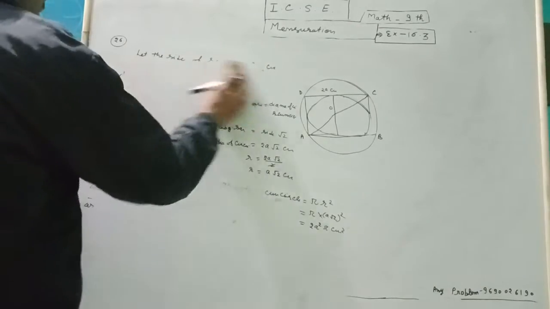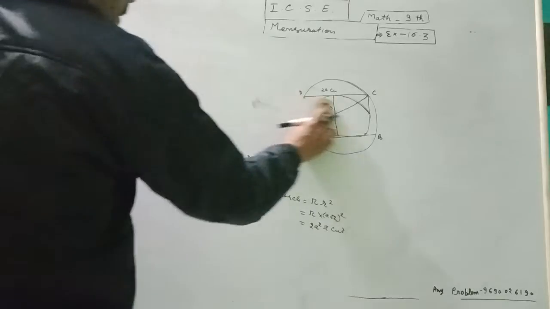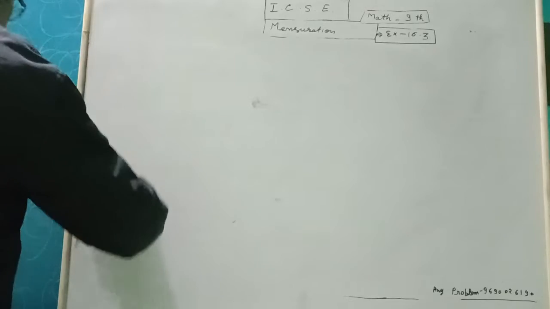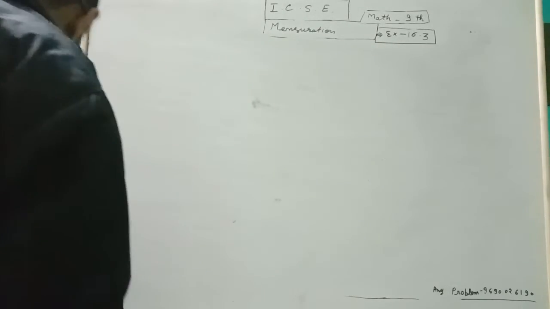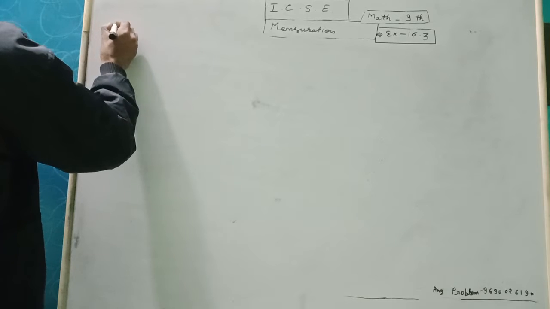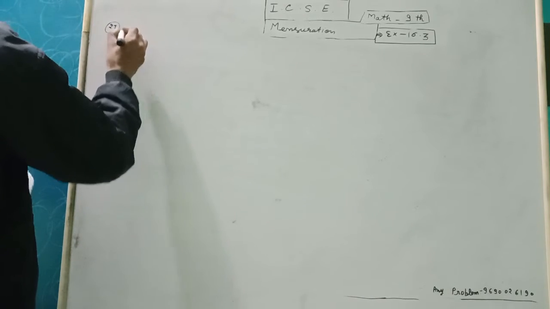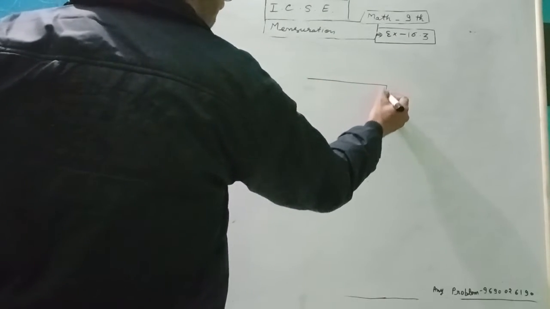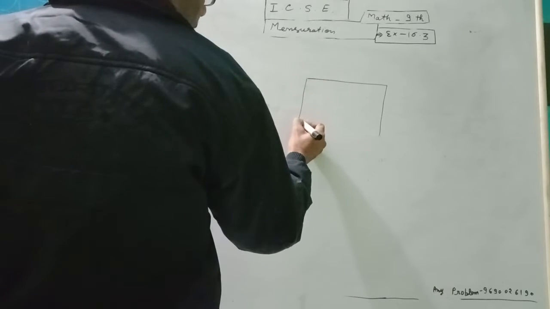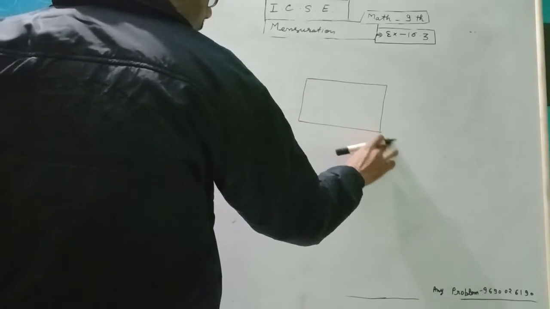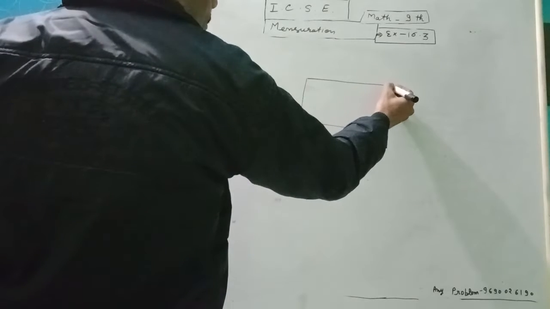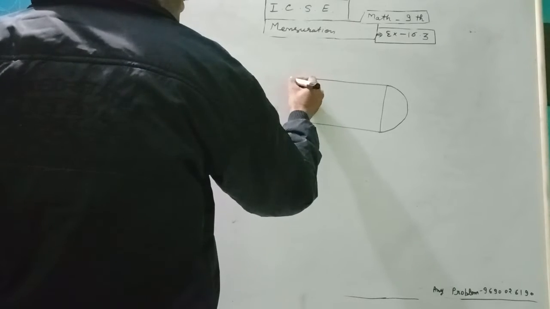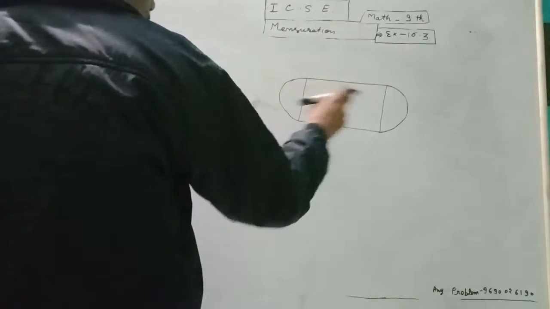Now 27, first part. A running track, a rectangular one, is surrounded by both parts being equal.